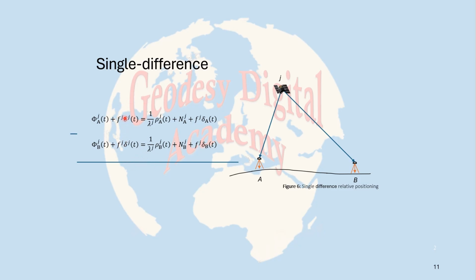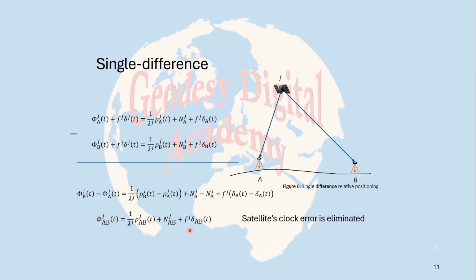It means that when we subtract these two equations, the satellite clock error will be eliminated. Therefore, we have this equation without any satellite clock error. So in single difference, the satellite clock error is eliminated.